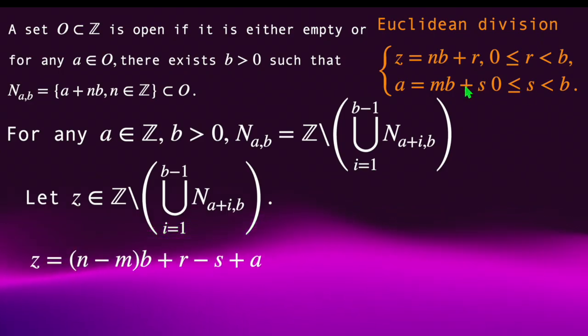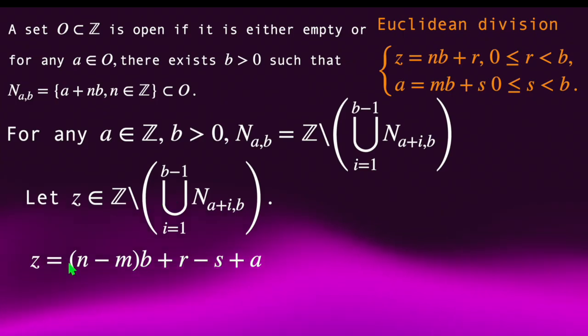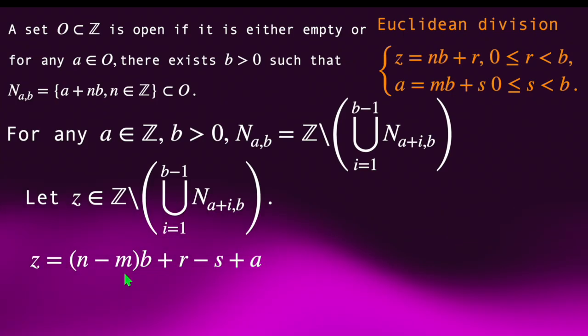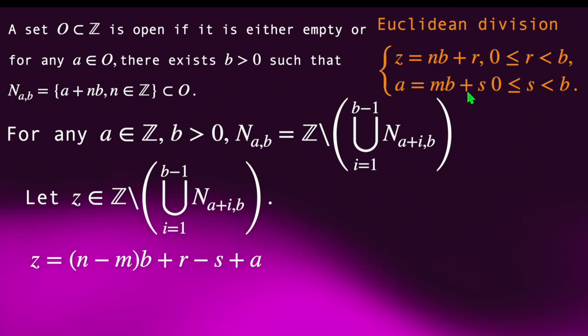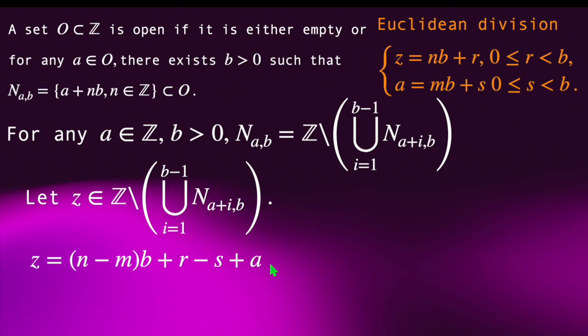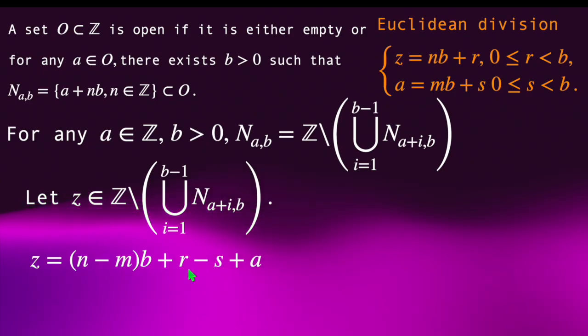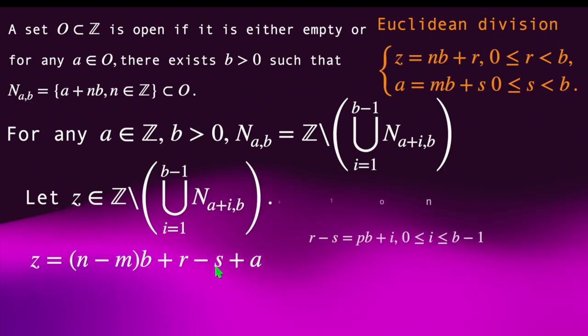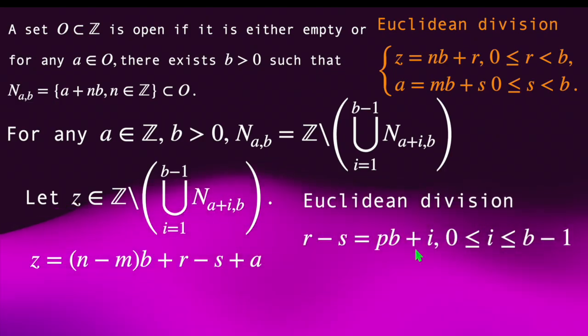And we write Z as A plus minus MB plus S, which is equal to 0, minus B minus S minus B minus B minus S is actually A, and we get A minus E plus E is equal to 0. So we have this relation, and we also perform the Euclidean division of R minus S by B and we get this relation.